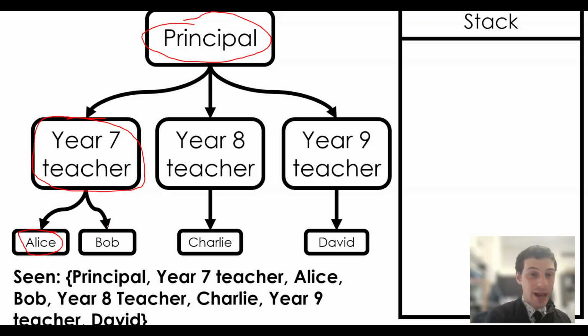And then the next one after Alice was to look at Bob. And the next one after Bob was, well, I've done that child and all those children now, the Year 8 teacher. And then after that, the children of Year 8 teacher. And if that one had children, I'd go down and down and deeper into those. And once those are all done, well, then I can go across. So you can see a depth first search is going down deep first before we go across.